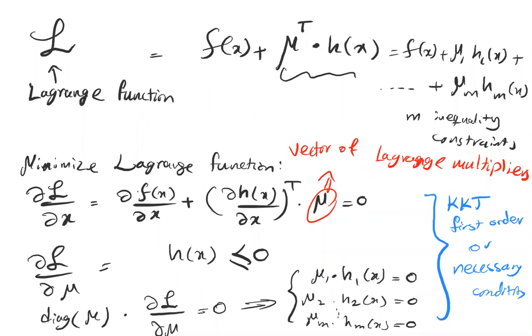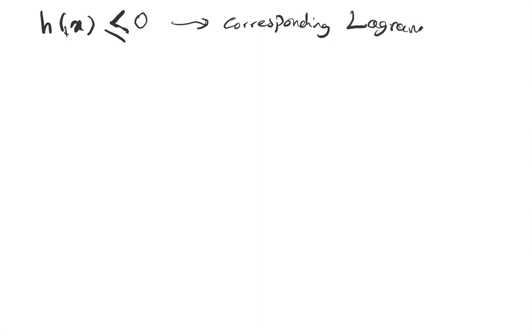So now the question is about whether our constraints are binding or not binding. What does that mean? Let's say we are talking about the constraint h of x less than or equal to 0, and the corresponding Lagrange multiplier is mu.